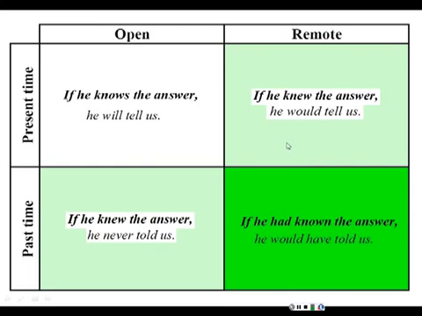There are these mixed conditionals where you might start off in one square and end up in the other one. But I won't get into those right now. For right now, just remember this. The past tense can show modal remoteness in the present time, or it can show past time, but it can't do both. If you want both, then you want your past perfect tense.